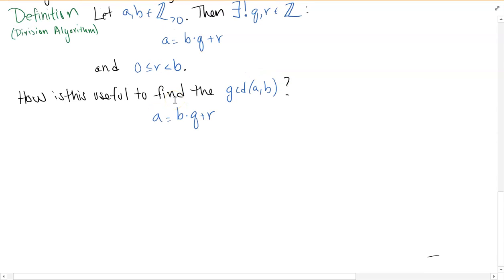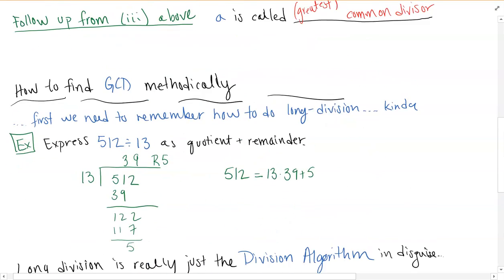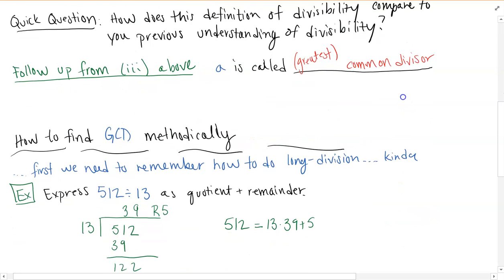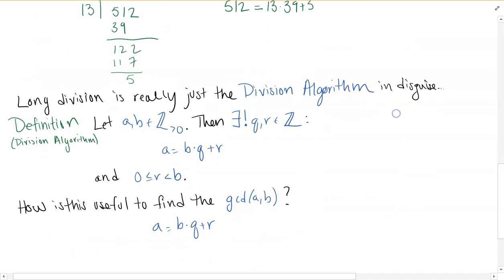Alright, so I erased it and rewrote it, and this is what I started with. Now, remember that proposition that we were talking about? I'm going to use the third part: if A divides C and A divides B, then A divides the sum or the difference.